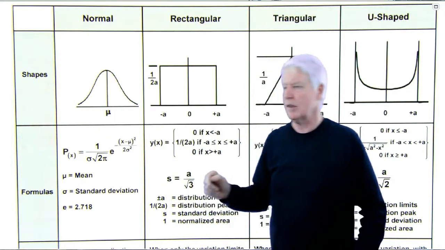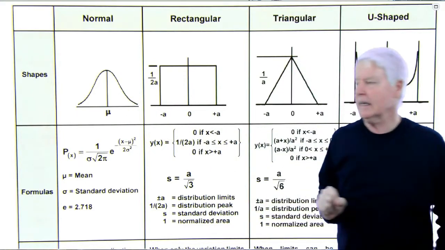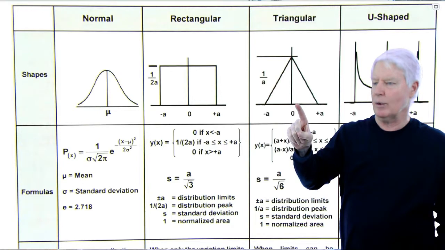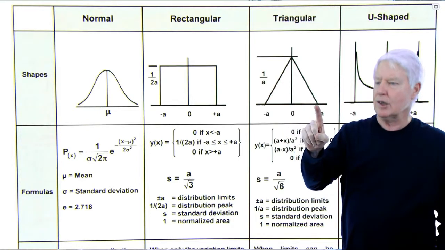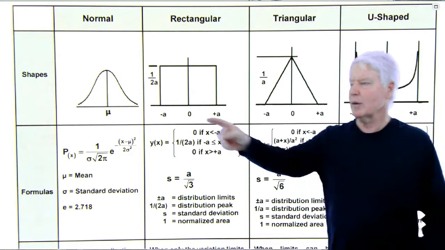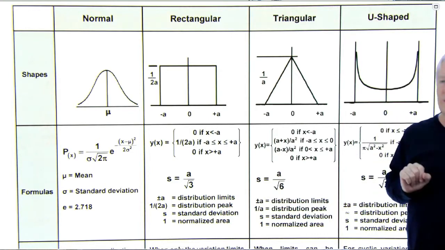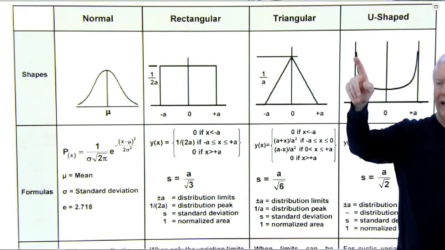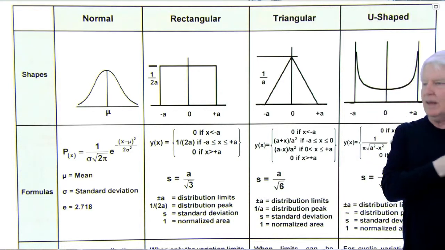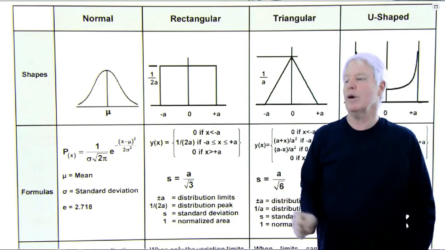Triangular is similar to the normal distribution, only it's linear: probabilities decrease linearly as you move away from the average. This one isn't linear. And this is the U-shaped distribution. Notice probabilities are high on the edges and low in the middle. But regardless, the rectangular one is the one we're interested in, and this is the formula.